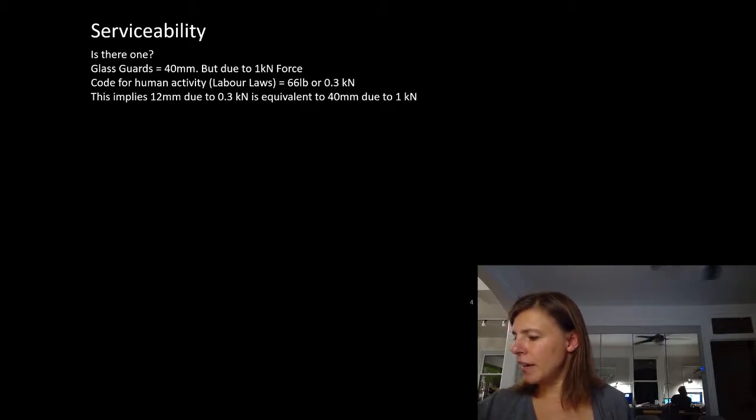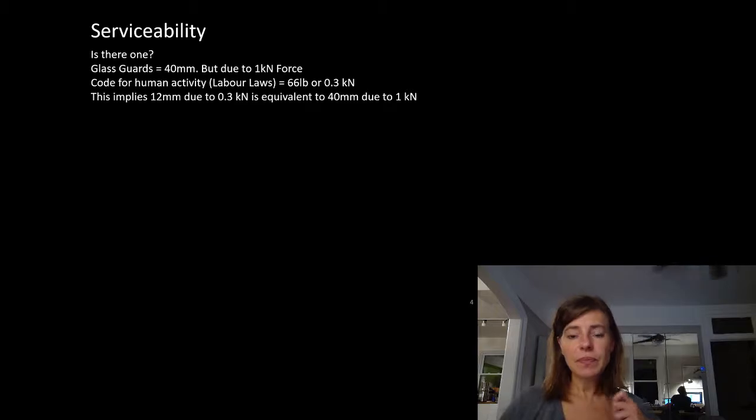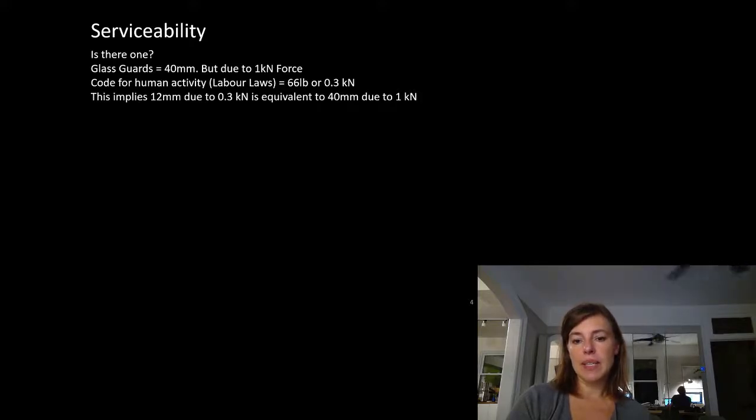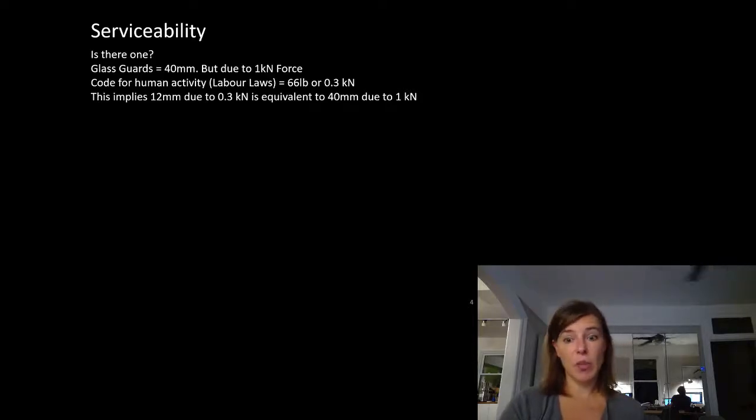L over 180 is 6 millimeters. That is a ridiculously tight standard for a guard. They often don't have finishes that can be damaged, and honestly, architects would be outraged if we tried to design to that type of criteria.